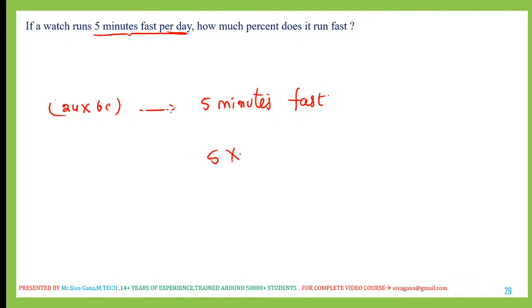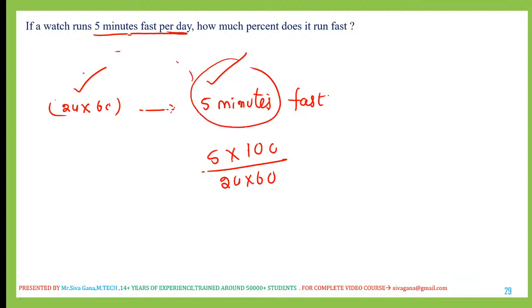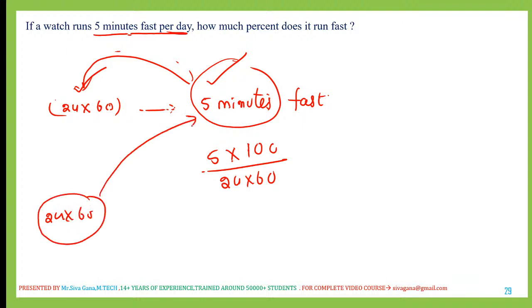Simply 5 into 100 divided by 24 into 60. This gain is how much percent of this, because he is asking per day. That is the question. No twist in the question. In this 24 into 60 duration, this 5 minutes is how much percent?